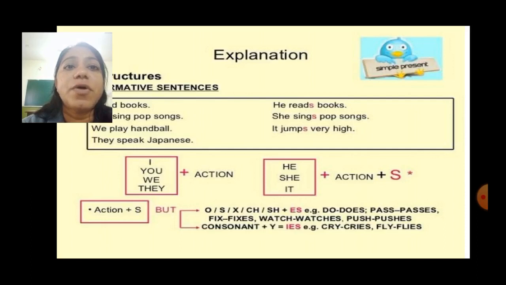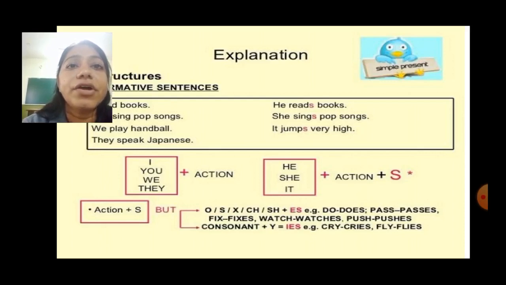She sings pop songs. We play handball. It jumps very high. They speak Japanese. So, children, you have noticed that when we are talking about I, you, we, they, at that time the action word will remain the same. We will not add anything.